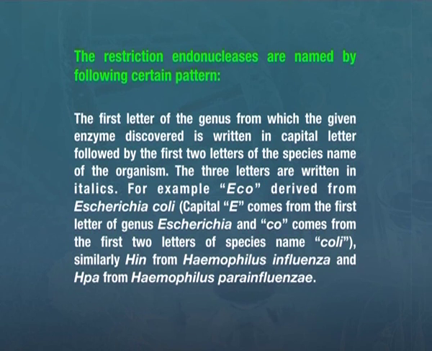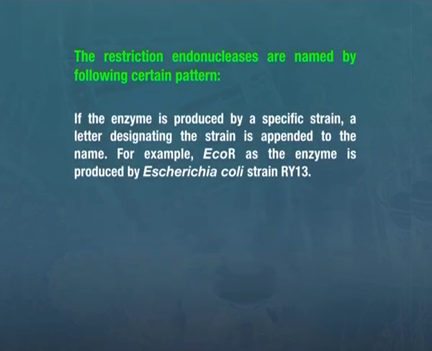Similarly, Hin from Haemophilus influenzae and Hap from Haemophilus parainfluenzae. Secondly, if the enzyme is produced by a specific strain, a letter designating the strain is appended to the name.